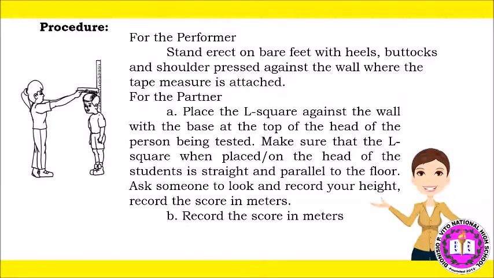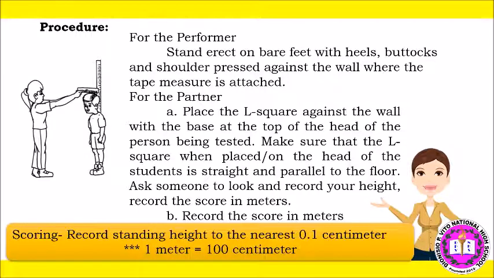Make sure that the L square, when placed on the head of the student, is straight and parallel to the floor. Ask someone to look and record your height. Record the score in meters. Scoring. Record standing height to the nearest 0.1 centimeter. 1 meter is equal to 100 centimeters.